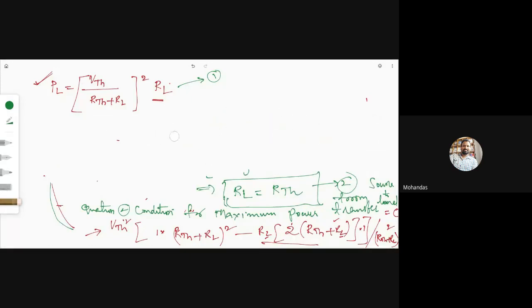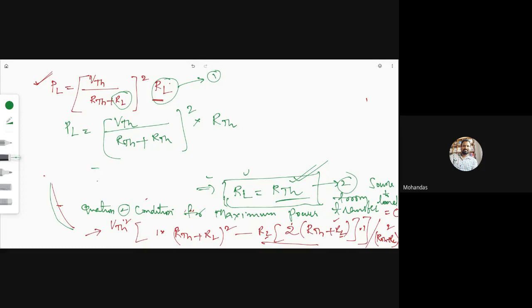Now let us substitute. PL equal to V Thevenin divided by R Thevenin plus RL, whole square, into RL. In place of RL, substitute R Thevenin, because you have derived that condition.